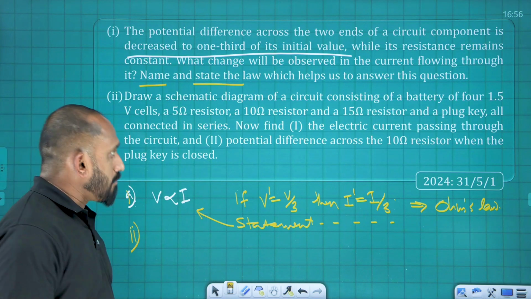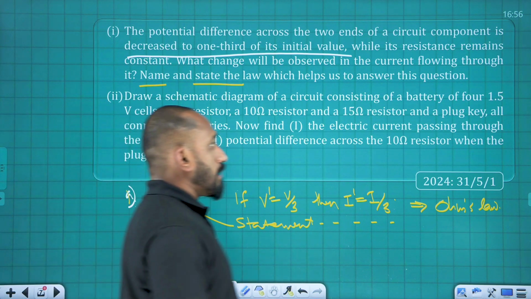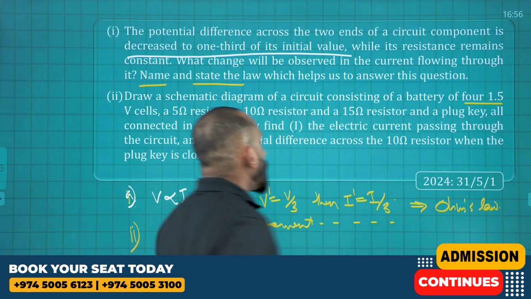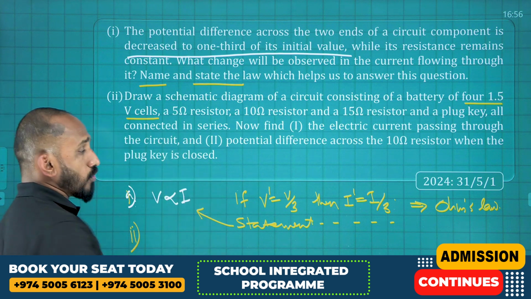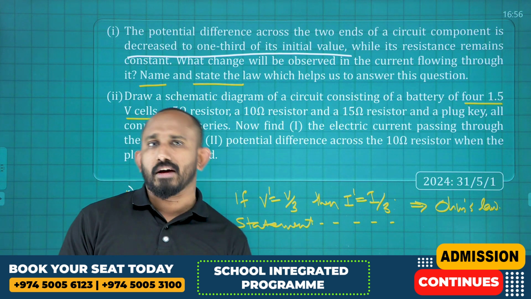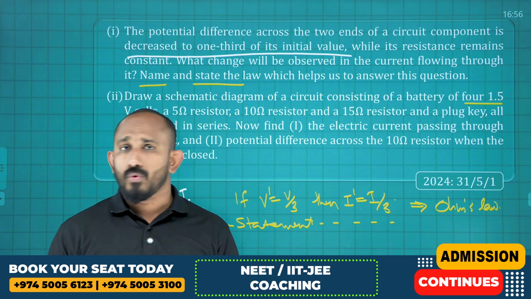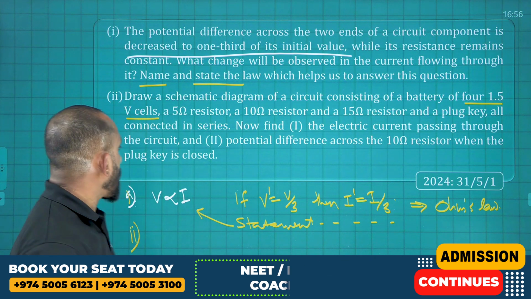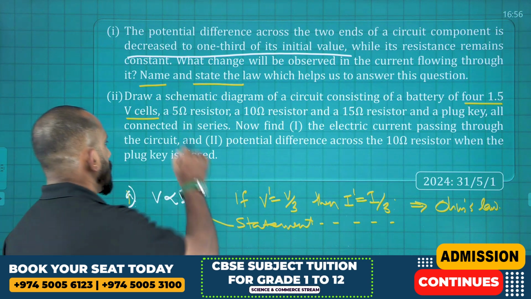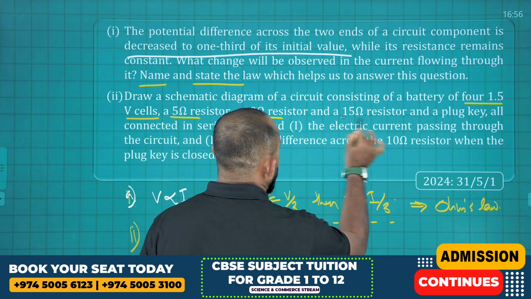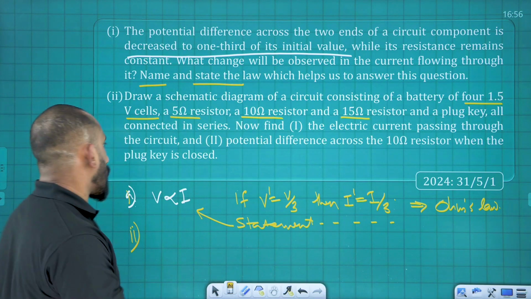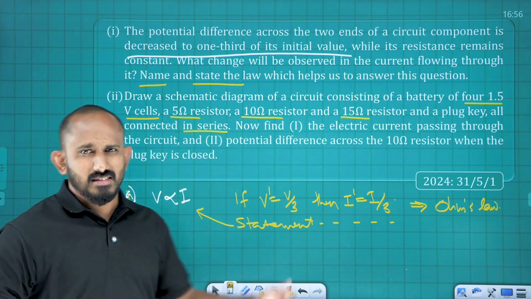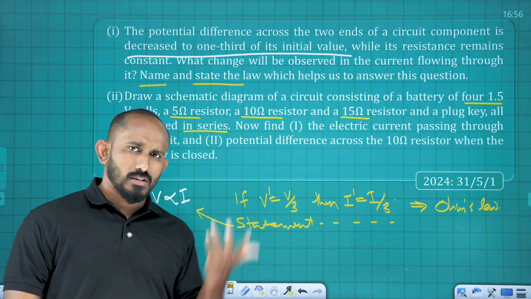Draw a schematic diagram of a circuit consisting of a battery of 4 cells of 1.5 volt, a 5 ohm resistor, a 10 ohm resistor and a 15 ohm resistor and a plug key, all connected in series. So 4 cells are there, each cell is 1.5. How much will 1.5 into 4 be? That is 6 volts. See, it looks like a similar question we did just now, so the same figure you can make.